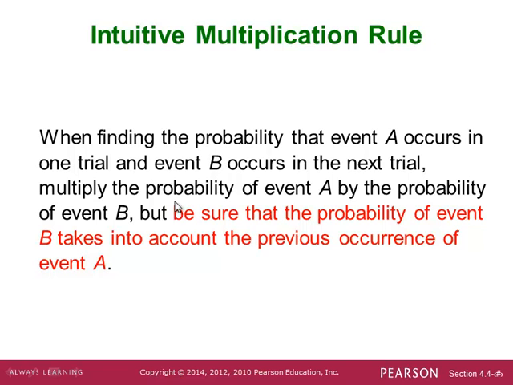So, for example, if you want to calculate the probability of, when you draw 2 cards from a 52 card playing deck of cards, getting 2 spades in a row. Well, there's going to be a 13 over 52 chance that the first card is a spade. But that leaves us with 12 spades out of 49 cards, which is not the same probability as for the first card.